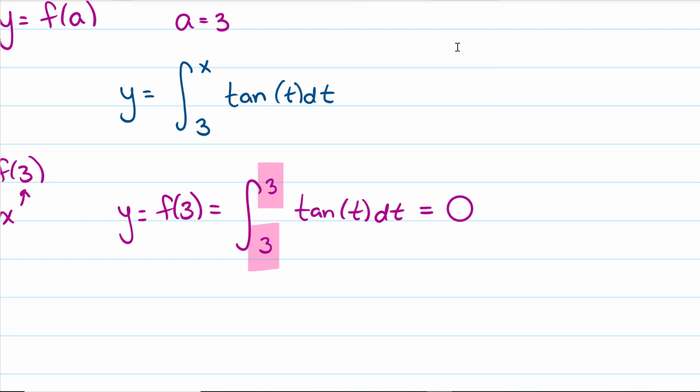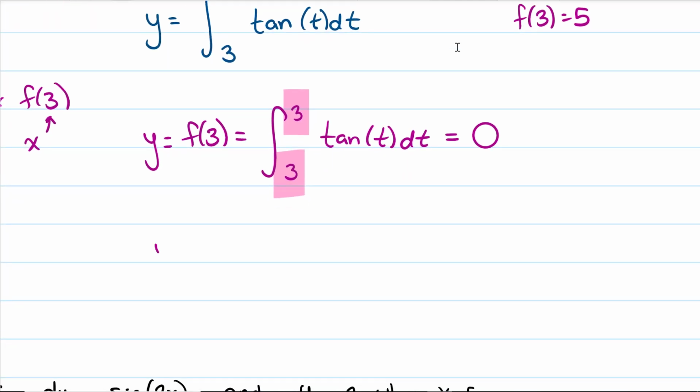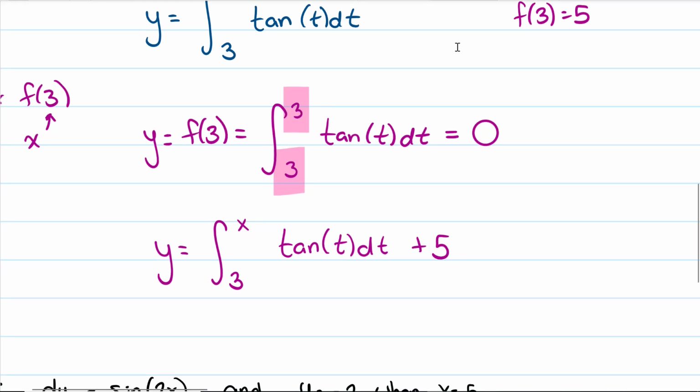But we said in the previous explanation that f of 3 is equal to 5. So when we plug in 3, we need to get 5. Okay, so all we're going to do is add 5 to our function. So y is equal to the integral from 3 to x of tangent of t dt plus 5. That's all we had to do.